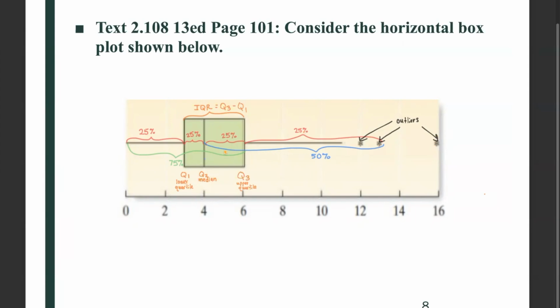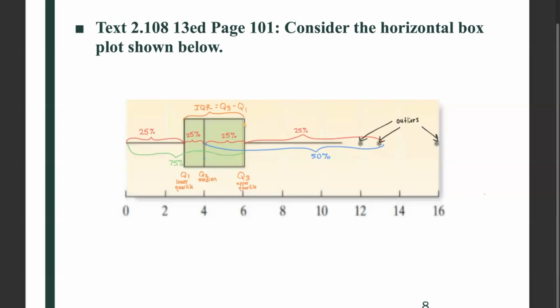So here, 50%, so you can either think 25 plus 25, or we have 50% of the data that lies above the median. And then the other question was, what percentage of the measurements in the data set lie to the left of the upper quartile?